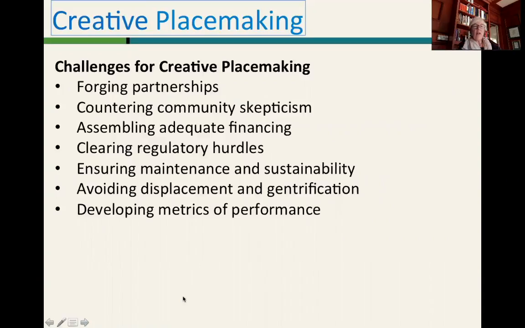And here are challenges to creative placemaking, and I threw these in because in a lot of respects, they're not much different than the challenges that we see with green building, green infrastructure, and really looking at a sustainable way of how we create the built environment. Forging partnerships. These are non-siloed approaches.